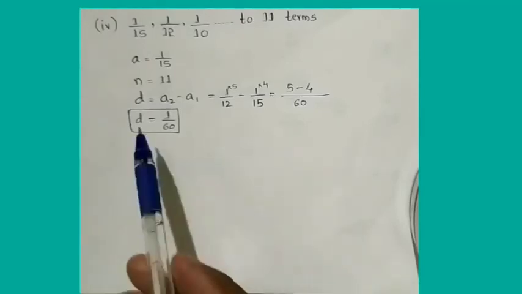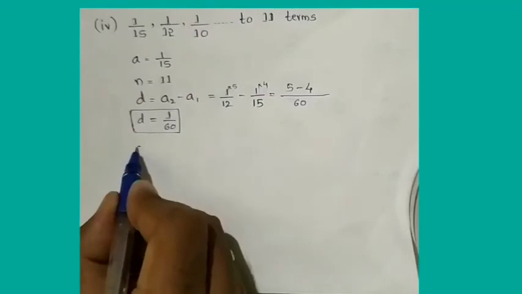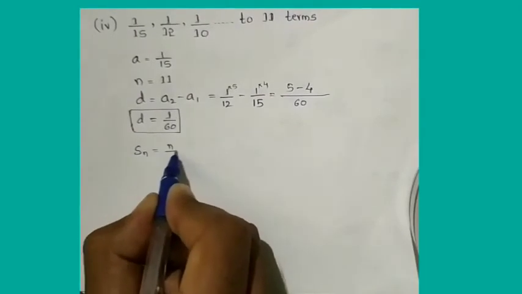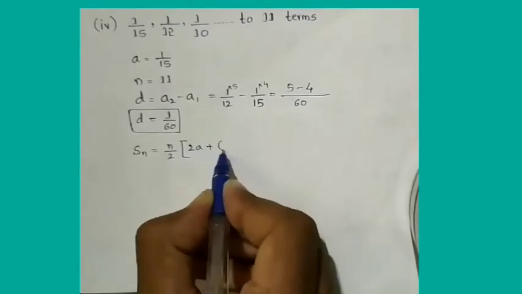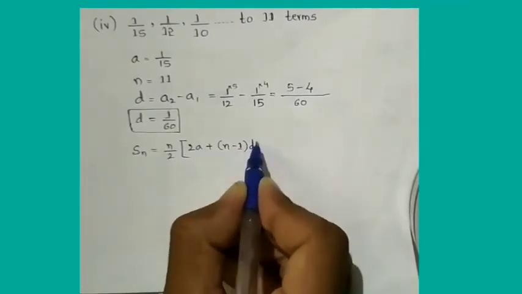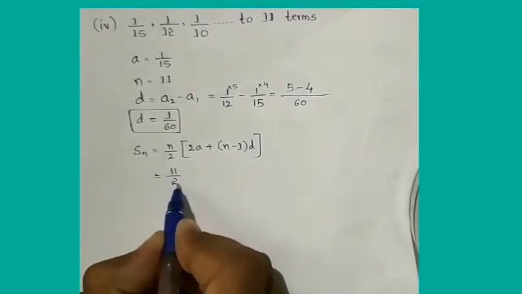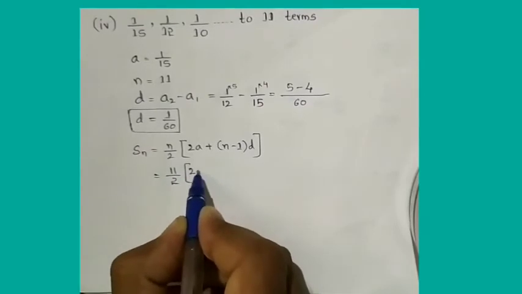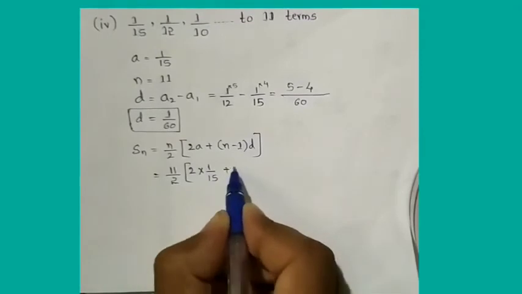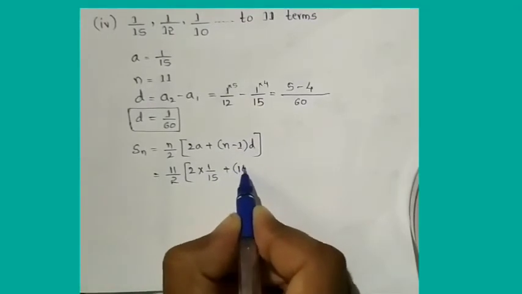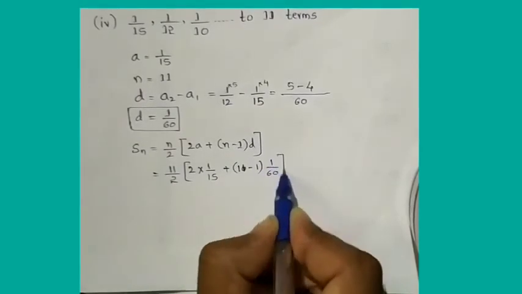Now we got the d, we know n and a. Substitute in the formula Sn. So Sn equals n by 2 whole bracket 2a plus n minus 1 into d. Substitute the values: n is 11 by 2, 2a means 2 into what is a, 1 by 15, plus n is 11, 11 minus 1, into d is 1 by 60.